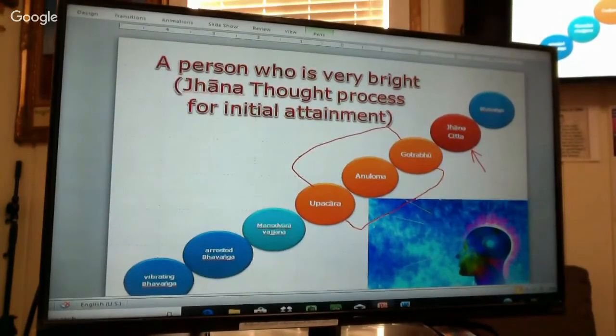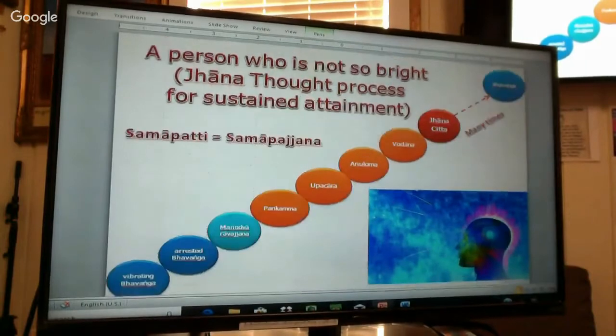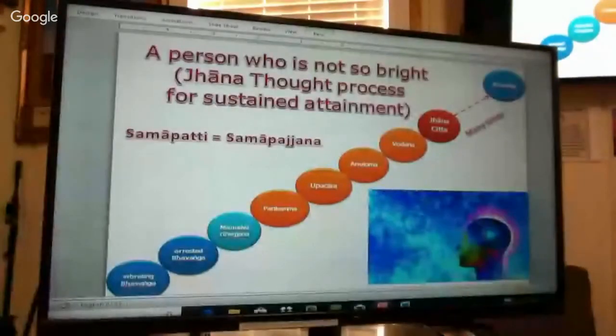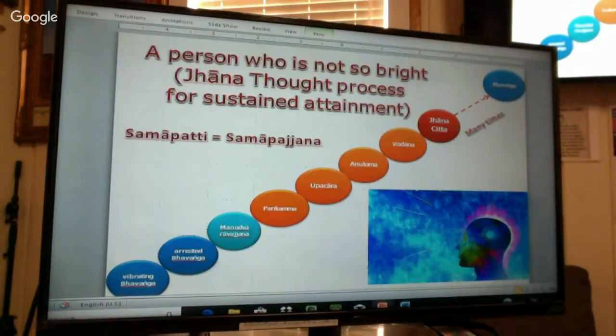Samapati is after you get the jhana, you can enter the Samapati for long hours or many days or something like this.